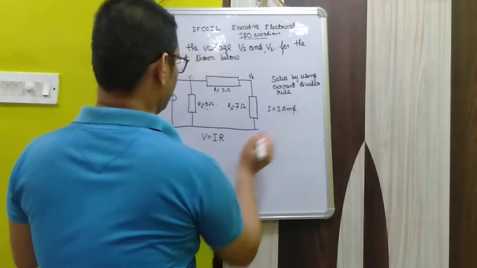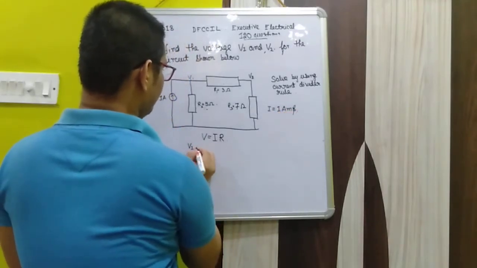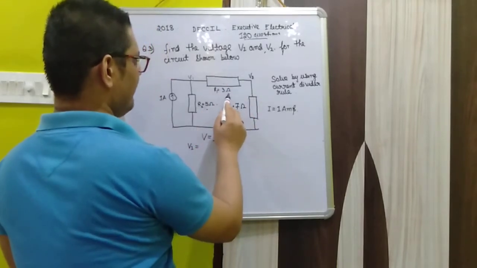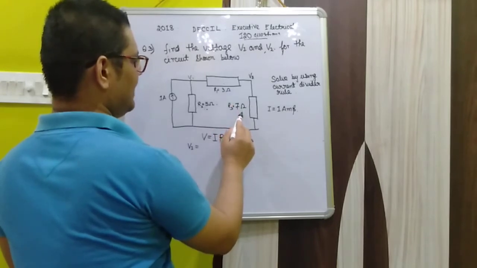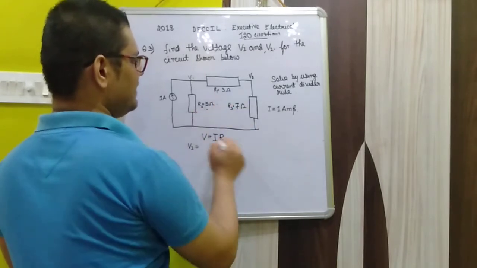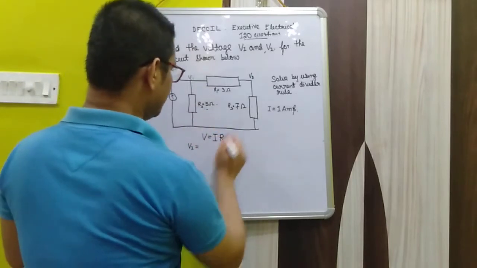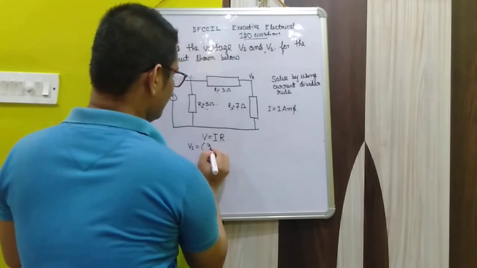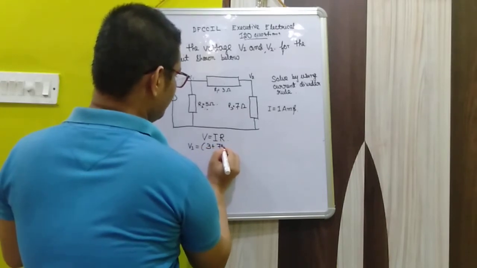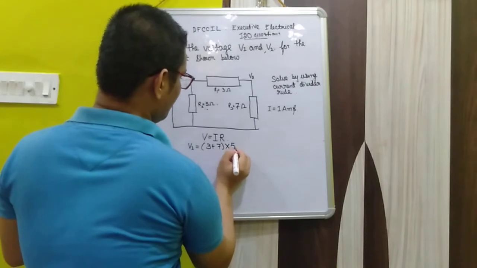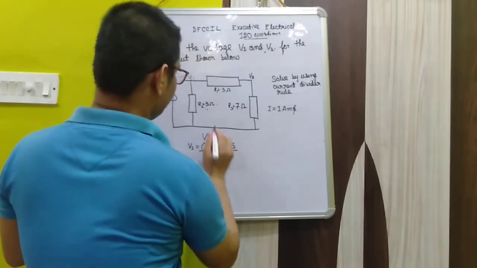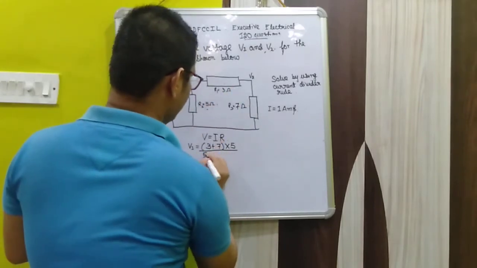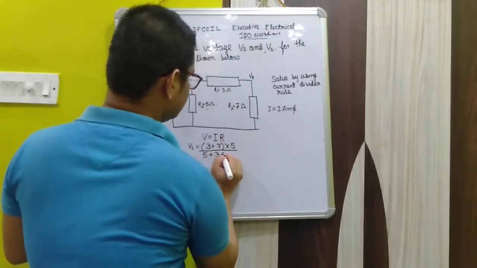So now we calculate V1. V1 will be, we just use the current divider rule over here. How do we calculate? We take this value plus this value into this value, divided by the whole resistance. So this is the formula. We take first 3 ohm plus 7 ohm into 5 ohm, divided by the sum of all the resistance, that is 5 plus 3 plus 7.